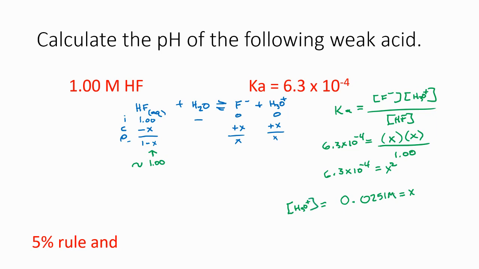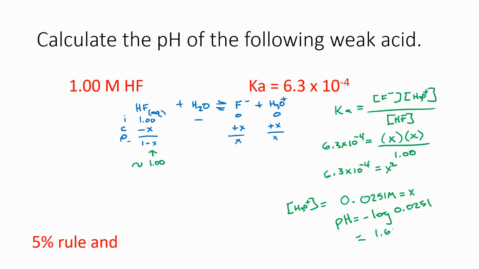So if I want to find the pH of this solution, pH is equal to the negative log of 0.0251, which is equal to 1.60.